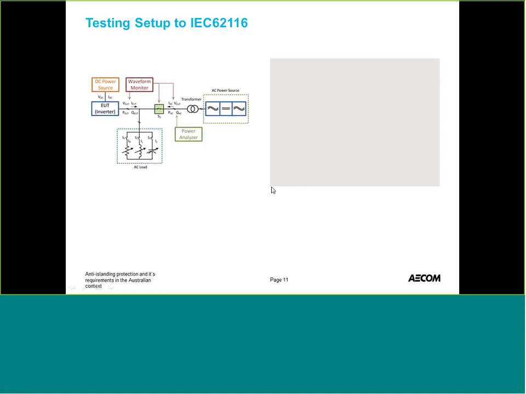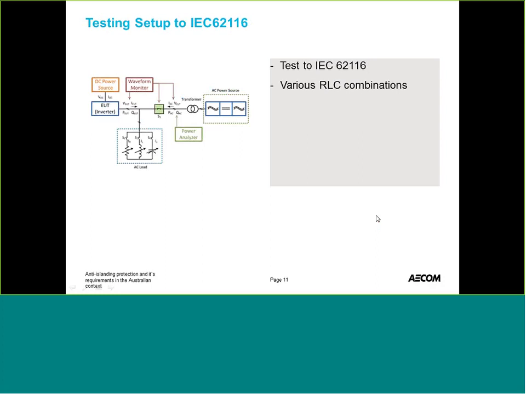So with an active anti-islanding scheme, you typically have a setup like this. The setup is IEC 62116, where you've got an inverter, which is your equipment under test, and you've got a power source, and you've got monitoring, and you've got a load. And you've got a breaker as well there, which simulates the disconnection of the source from the inverter and the load.